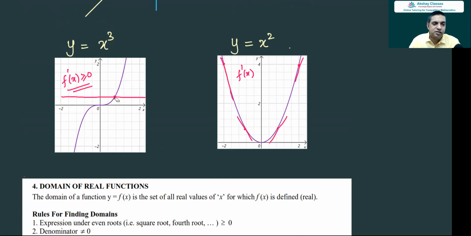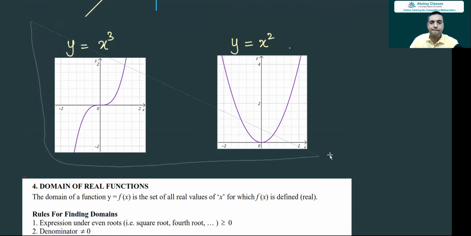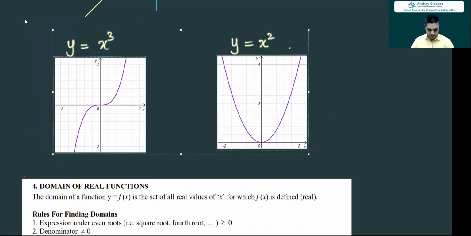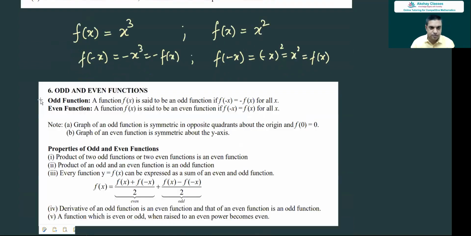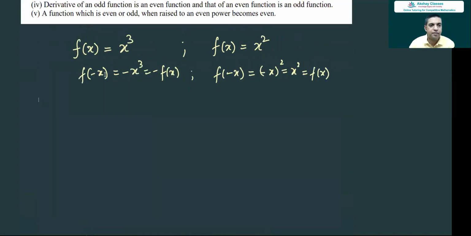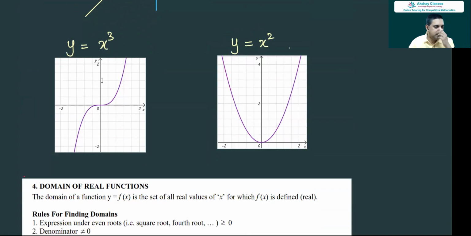The graph of an odd function, I think I'll explain it here only. The graph of an odd function will be odd symmetric about the origin. That means if one part of the graph lies in one quadrant, the other part will lie in the opposite quadrant.